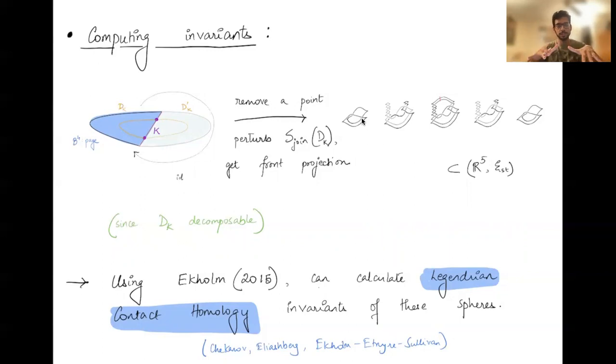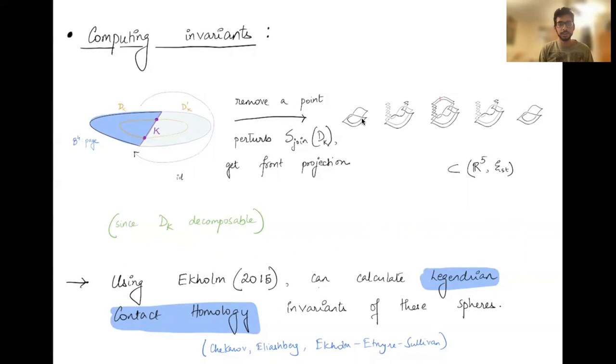And once we have the front projection of a sphere, it's sort of shown as this movie. We can use ideas of Ekholm to compute its Legendrian contact homology invariants. Okay. Legendrian contact homology was defined by Chekanov and Eliashberg in 3 dimensions and generalized to higher dimensions by Ekholm, Etnyre, and Sullivan.